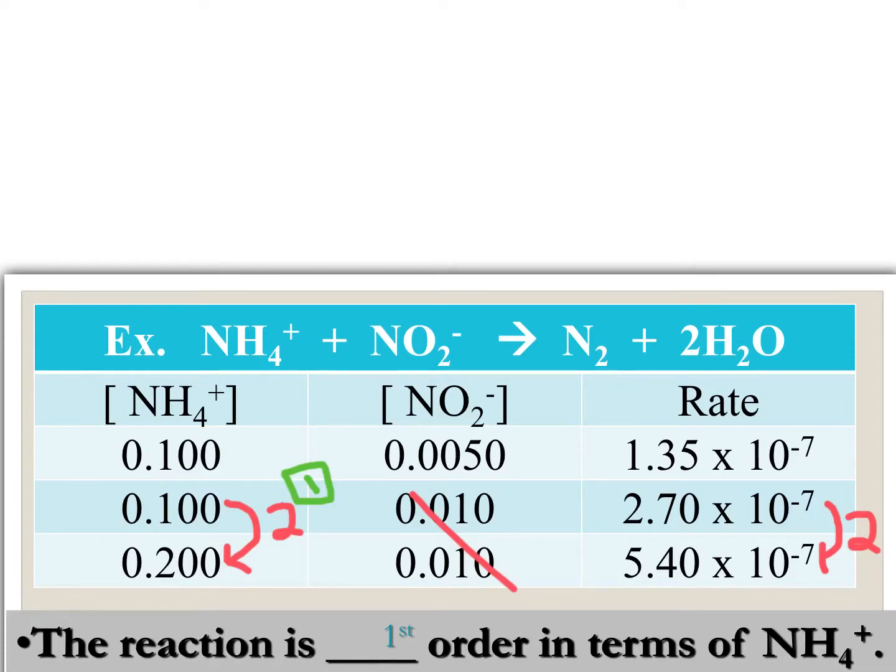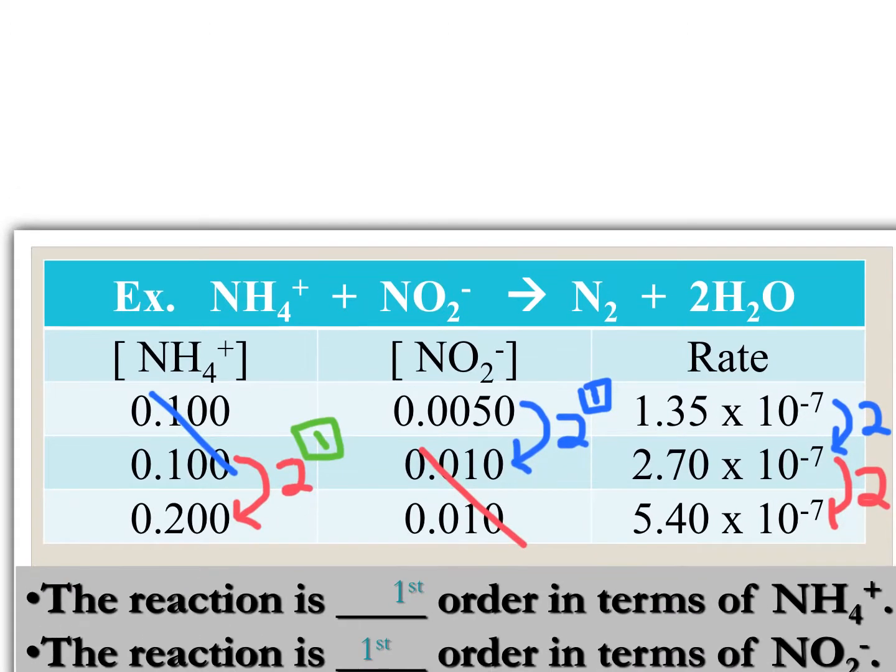Do the same thing for NO2. We find a place in which NH4 is held constant, like trials 1 and 2. From trials 1 to 2, I multiplied the concentration by 2. If I look at the effect on rate, my rate also multiplied by 2. So 2 to the what order would equal 2? 2 to the first order.